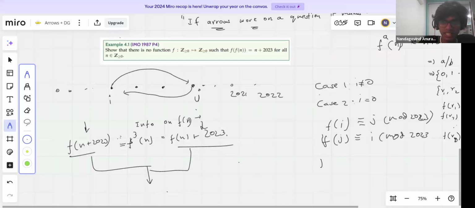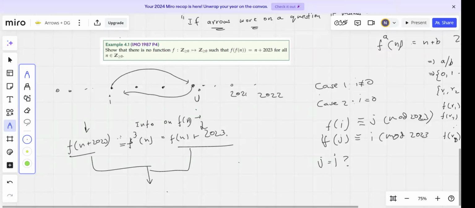Okay, can j equal I? Can this happen? Or can you show that this cannot happen? I guess this is similar to proving f is injective.